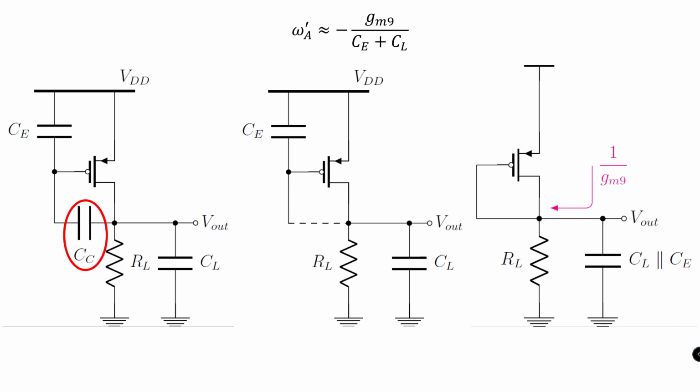This results in a circuit topology where the Ce goes in parallel with the CL capacitor, and the impedance at node A becomes 1 upon gm9 due to the diode connected M9 transistor, which is basically small compared to the resistance RL, giving an effective impedance of 1 by gm9 at node A.